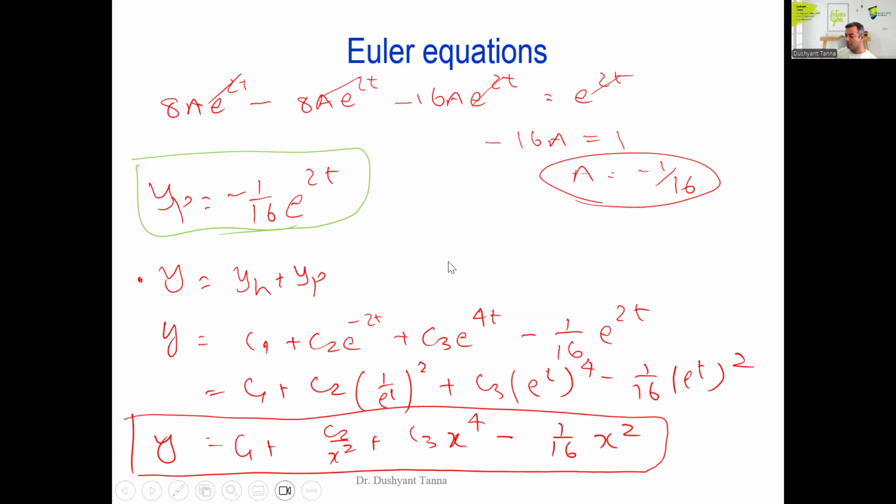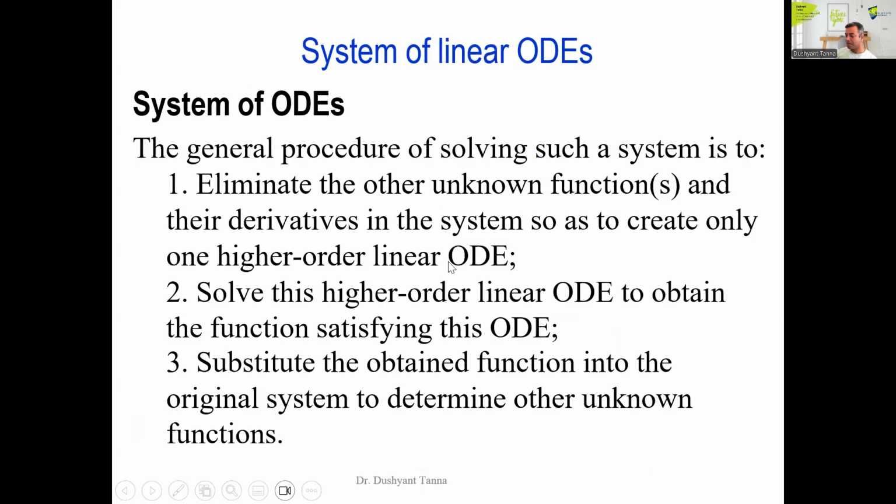Okay. We move to the next part, where we talk about systems of ODEs. Not too difficult a part, but there'll be a bit of back and forth, so please observe it carefully. The general process of solving such a system is to eliminate the other unknown function and its derivatives in the system, so as to create only one higher order linear equation.